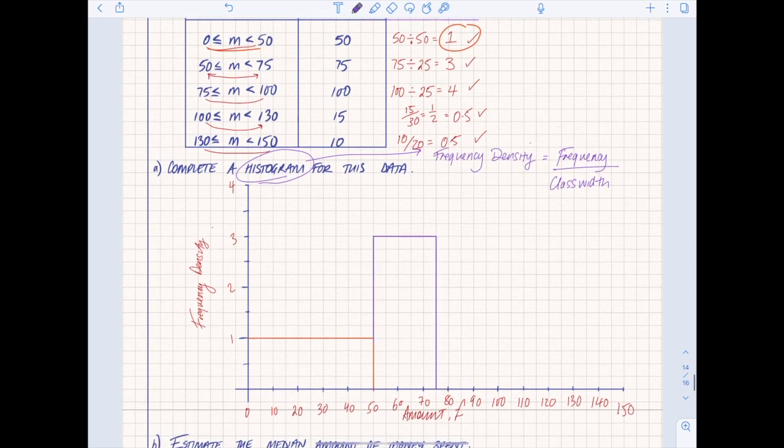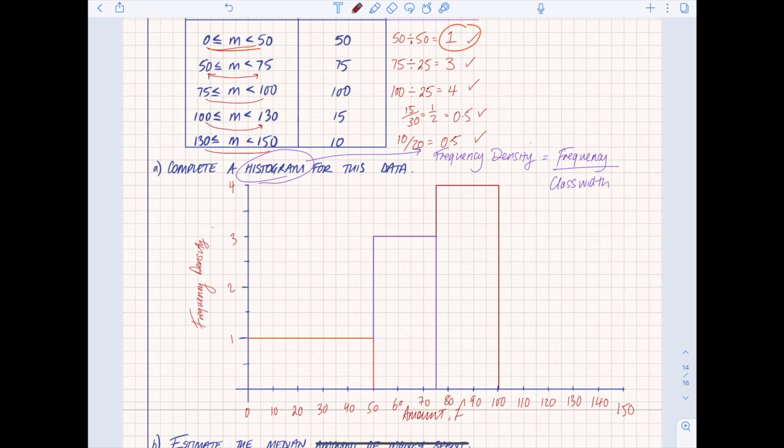So you can see that my bottom goes from 50 to 75 because that's the group, and I've gone up to 3 because that's my frequency density. 75 to 100, so 75 to 100, and I'm going up to 4 this time, so this is going to be my biggest bar. So up to 4, and that's going to 100.